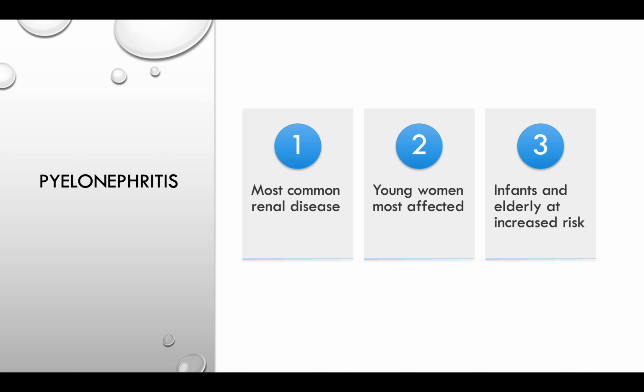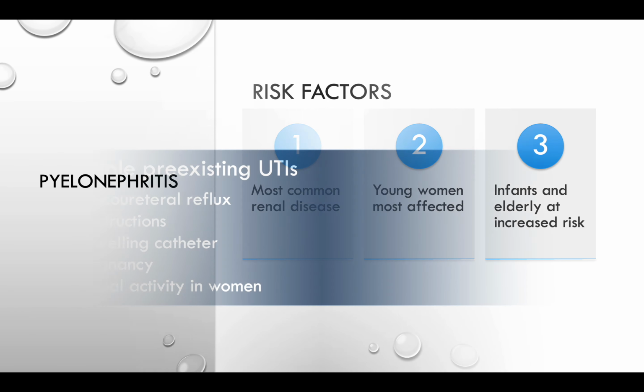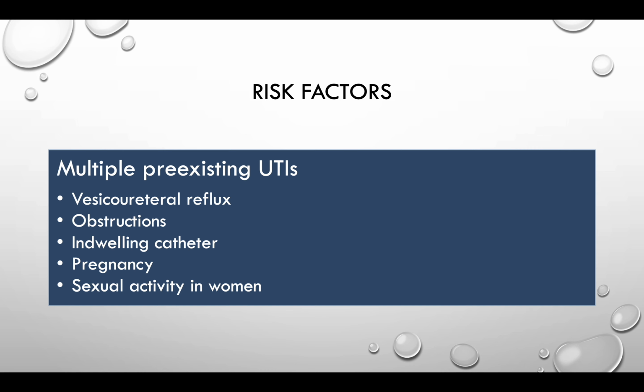Young women are most affected, as well as elderly are at increased risk, and we kind of talked about some of the reasons why those populations are at increased risk for UTIs, and the same kind of other risk factors. Well, the greatest risk factor for pyelonephritis is a history of multiple or frequent urinary tract infections.